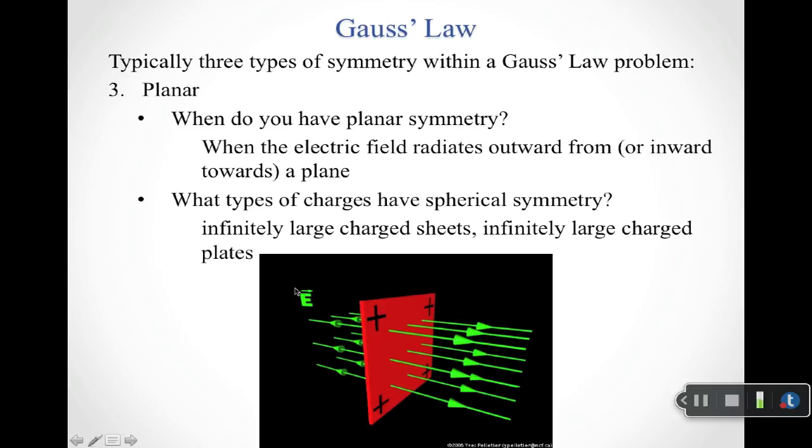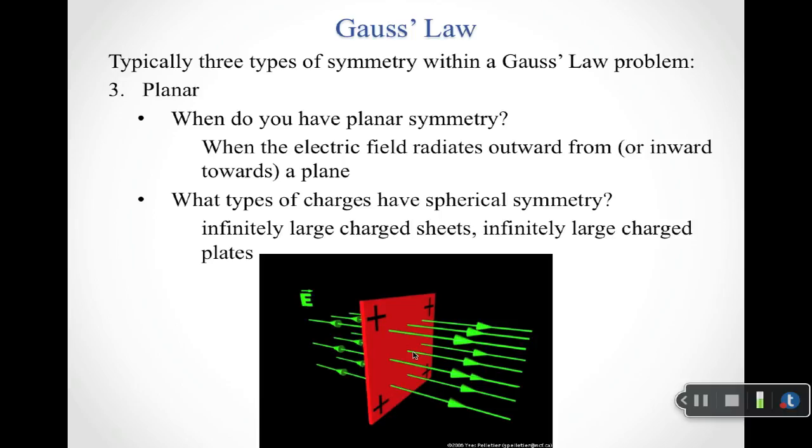And again, the infinitely large says that we're far enough away from the edges that we don't need to worry about fringing effects at the edges. So if we're very close towards the center of some normally sized charged sheet, then we can act like it's infinitely large, and we can use Gauss's law.